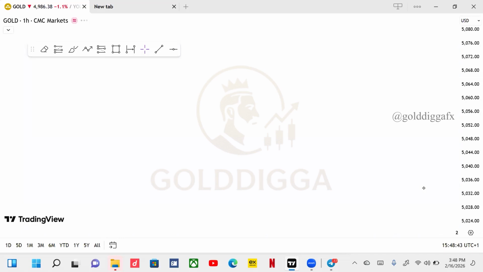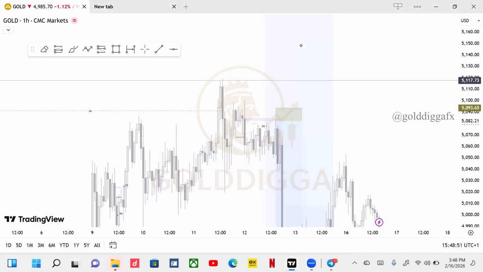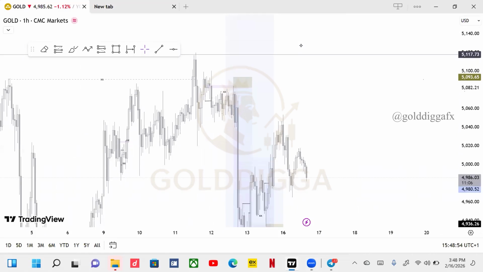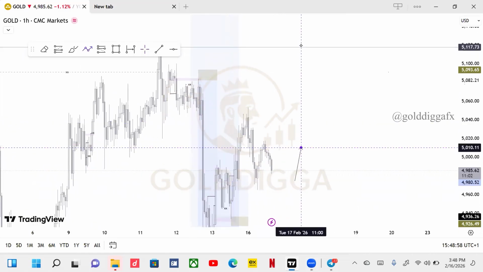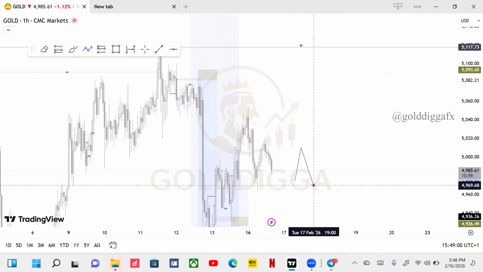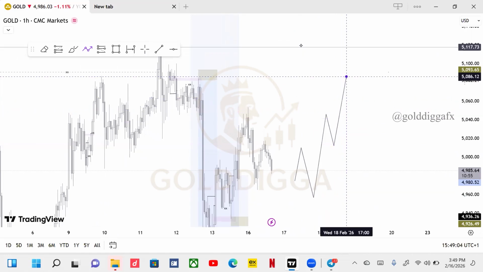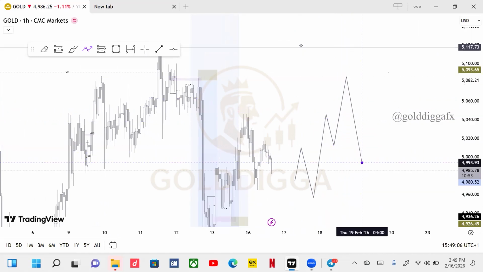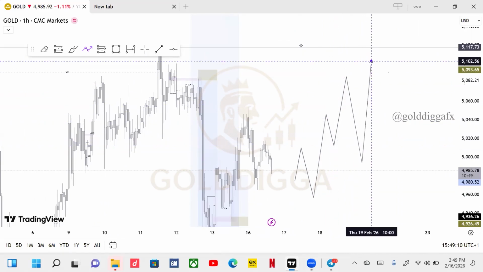Is that okay? If both have liquidity, it depends on the model. Like, if I have, let me say, a shift in structure from here, first pullback, and price comes back and gives me an entry, and I have this on both time frames. Let me say on the 5 minutes, it looks just like this.